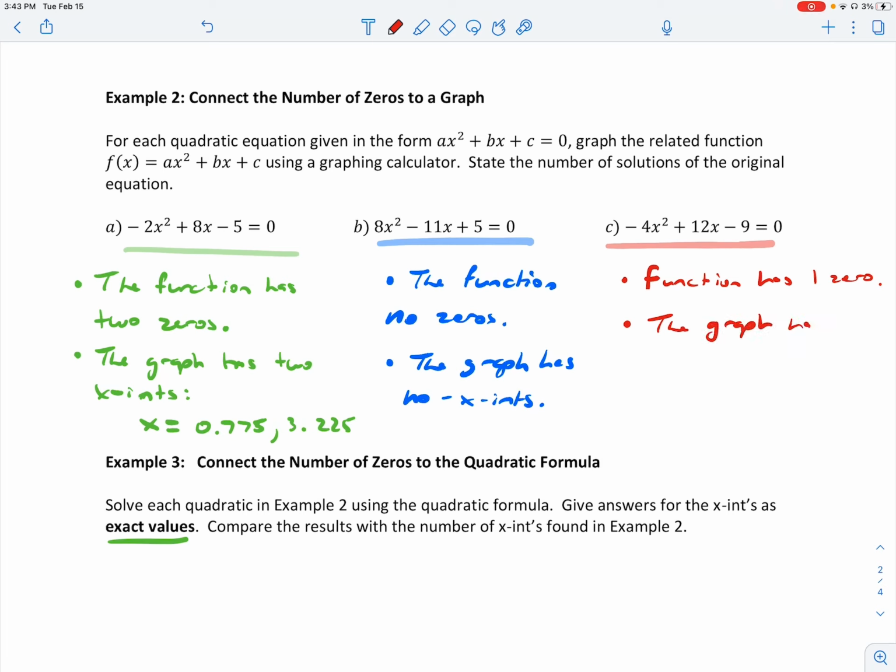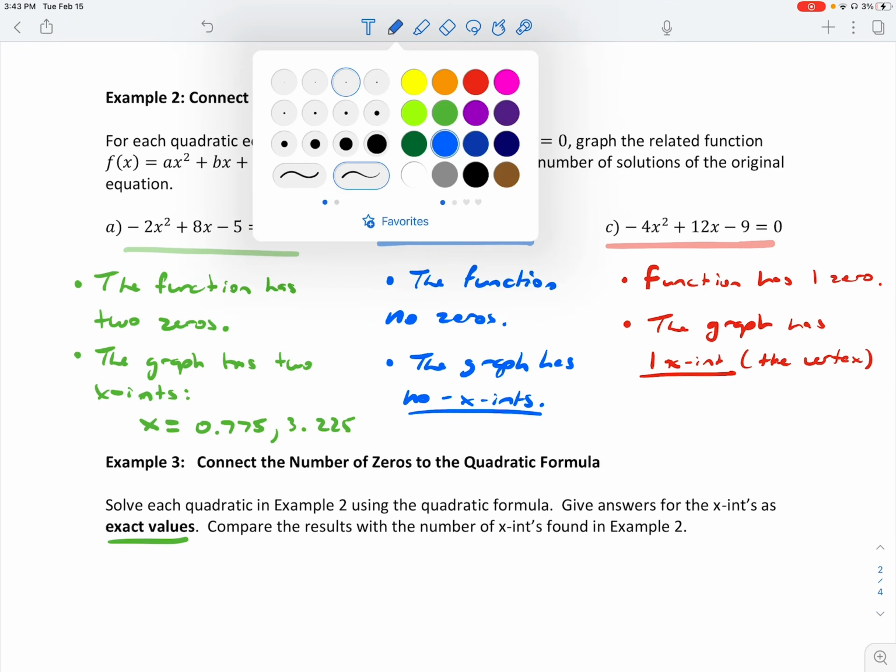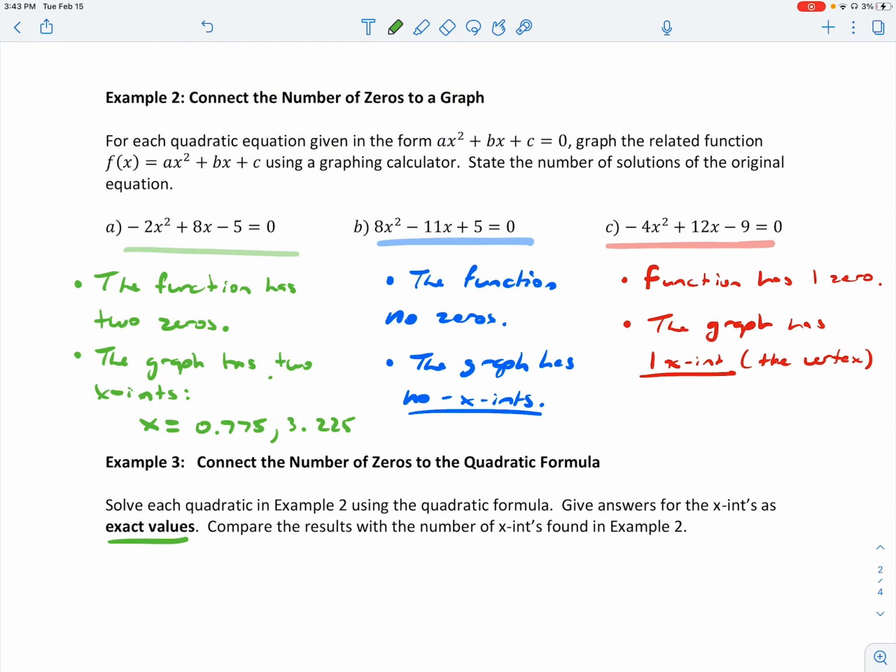The graph has one x-intercept, which is the vertex. So we can see it's possible to have one solution, possible to have no solutions, and it's possible to have two solutions.